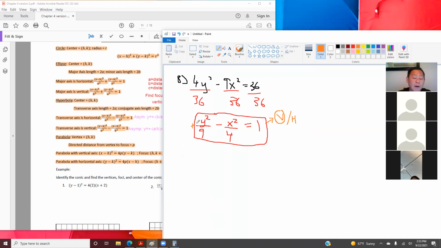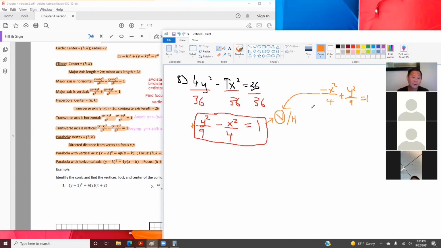Sometimes it's tricky. I want to point out that sometimes it can be like this, where I switch your x and y around and it becomes like this. A lot of people say, oh yeah, x comes first, so this will be horizontal. This is wrong. This is the same as vertical.